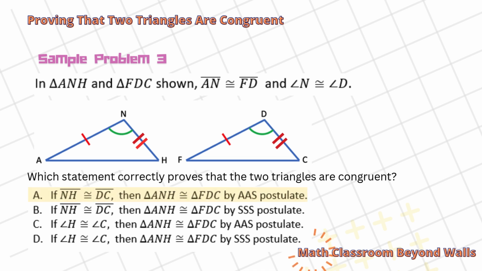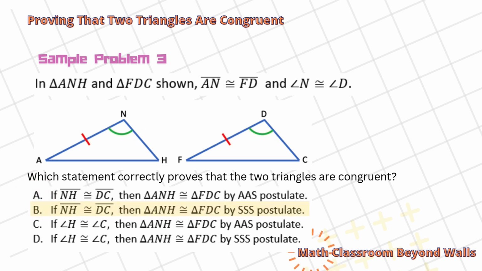What combination of angles and sides do we have now? You are correct. It is SAS. So in this case, the triangles will be congruent with that added information by SAS postulate, not AAS postulate as stated on the option. So option A is not an answer.